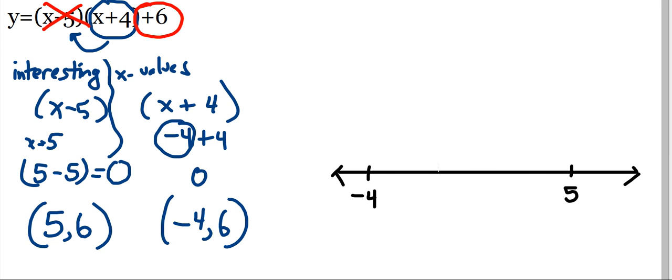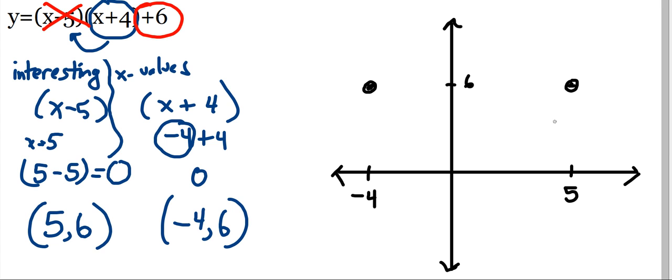Somewhere between here, it doesn't have to be perfect, there's a 0, because it crosses over at 0 from positive to negative. Lo and behold, now we said that when it's negative 4, it's 6. And at 5, it's also 6.